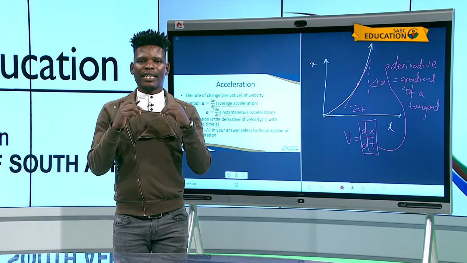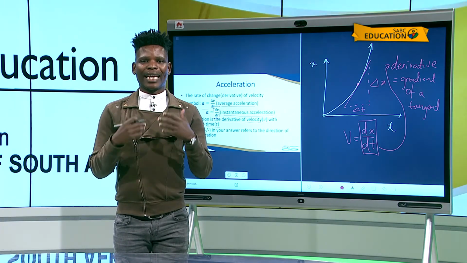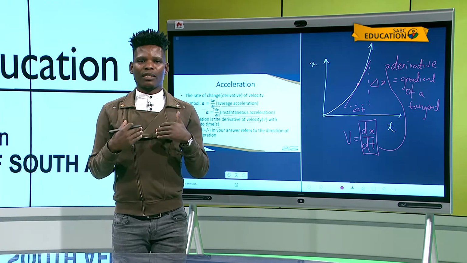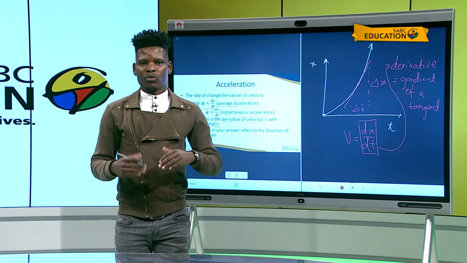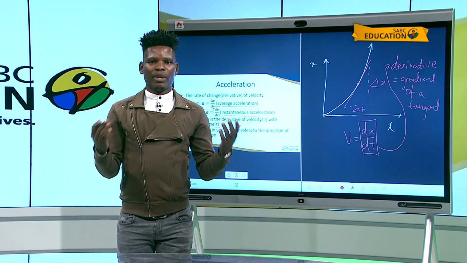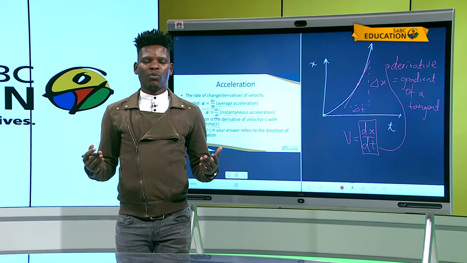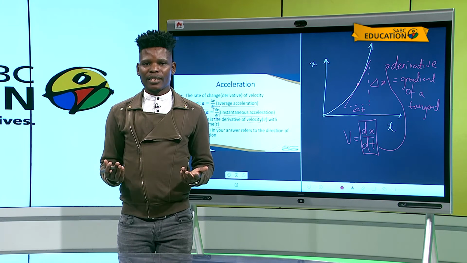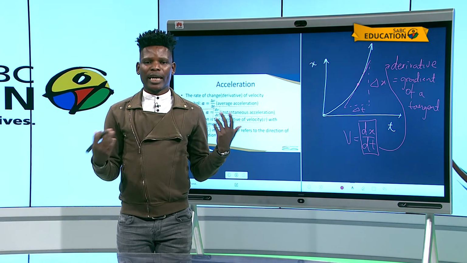Now, if we have an expression for velocity, you can derive that, and then that will give you an expression for acceleration. So in a question where you are given an expression for displacement, for instance, they can ask you questions about the velocity, they can ask you about the acceleration of that particular object, and so forth.